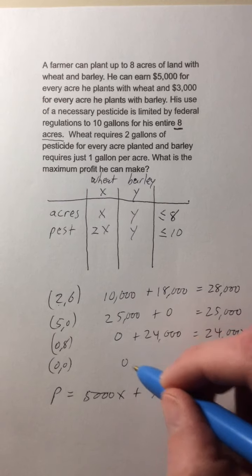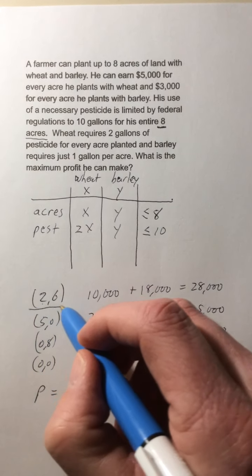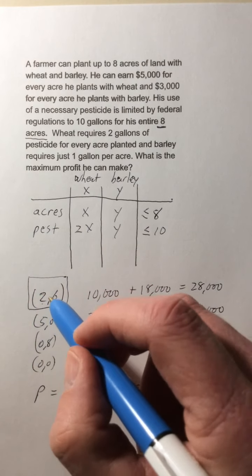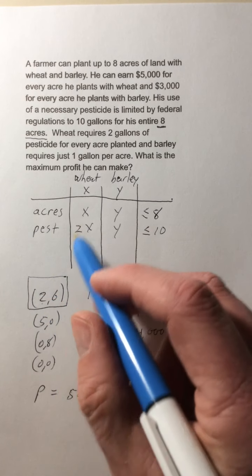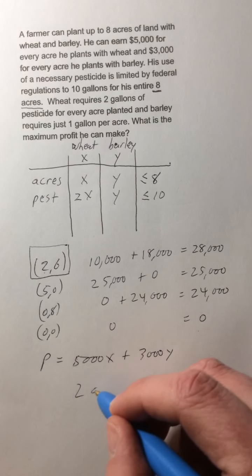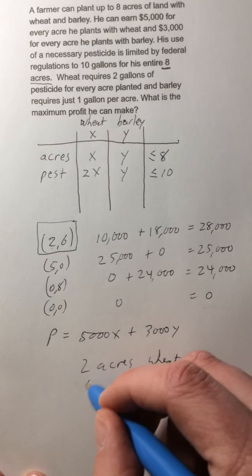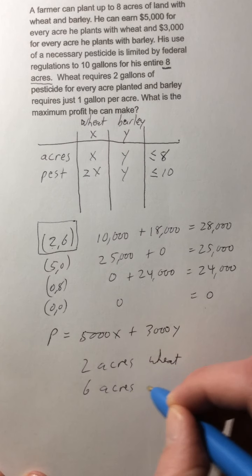And 0, 0, of course, is 0. So, in order to maximize his profit, Farmer Bob should plant 2 acres of wheat and 6 acres of barley.